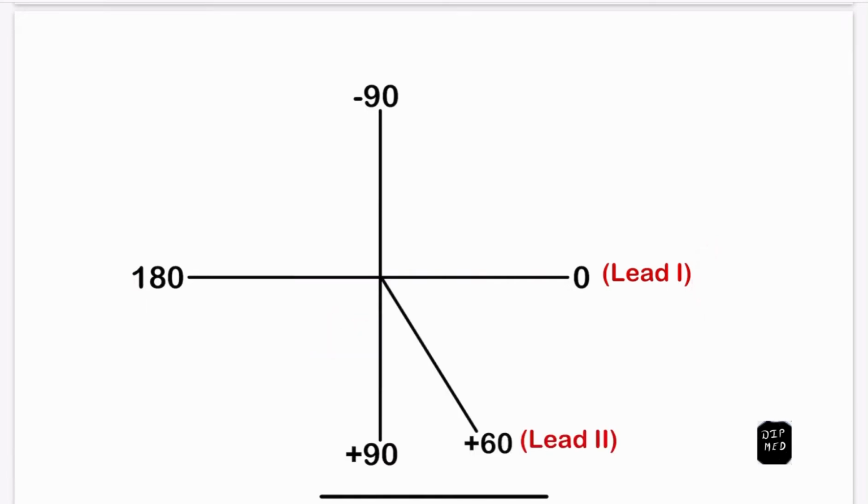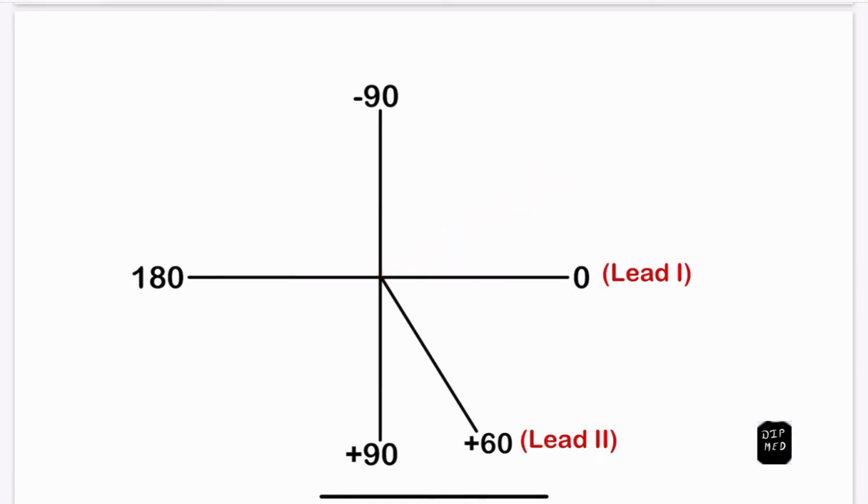Similarly, lead 2 views this grid from plus 60 degree angle. So as I explained before, any signals moving towards this 60 degree would produce a positive deflection, and any signals moving away from it would produce a negative deflection in lead 2. And also, any electrical signals moving perpendicular to it would not produce any deflection.